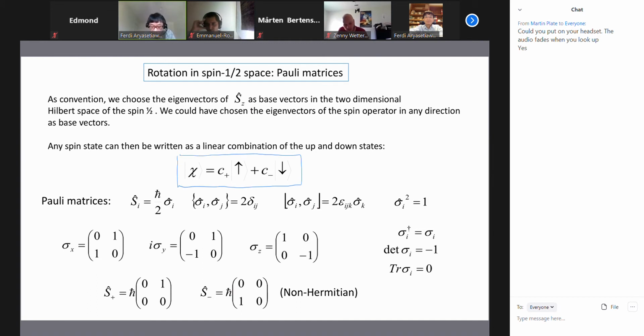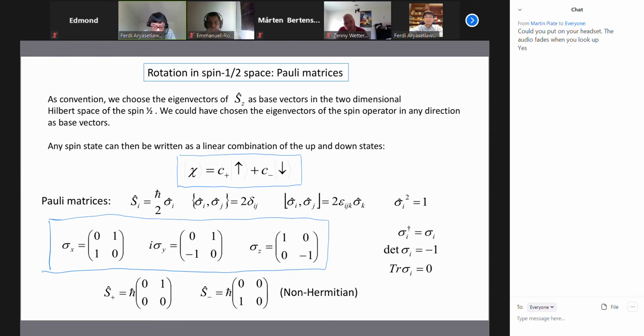That is just a summary of all the matrices. So the Pauli matrices are then given by this here, which I think you all know.